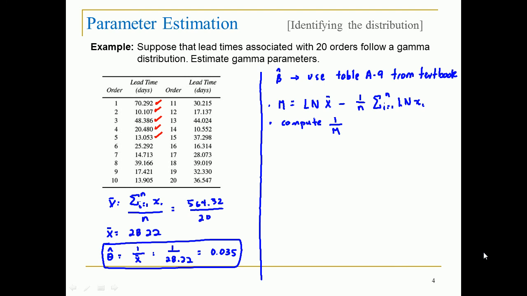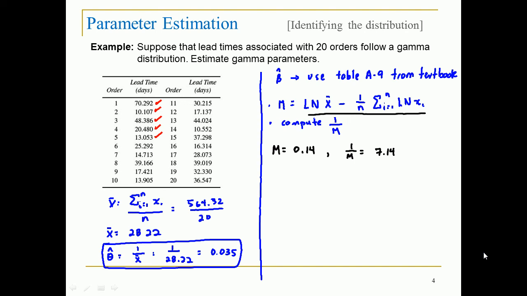So if you solve this expression, m would be equal to 0.14 and 1 over m is equal to 7.14.